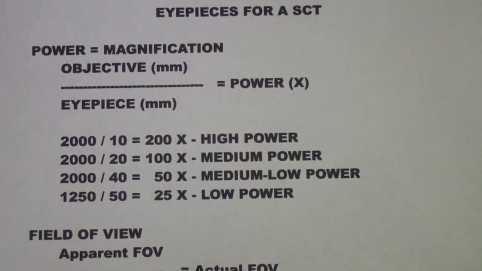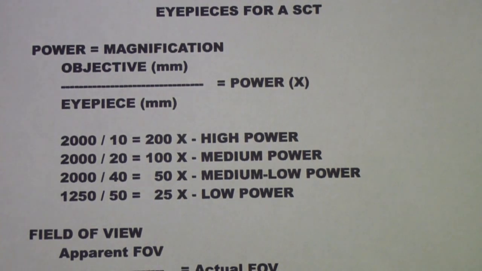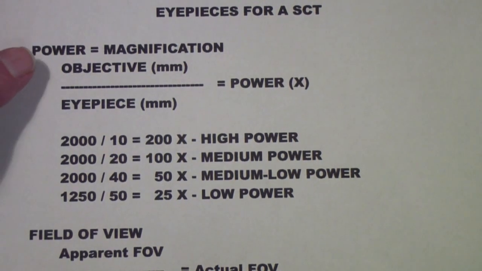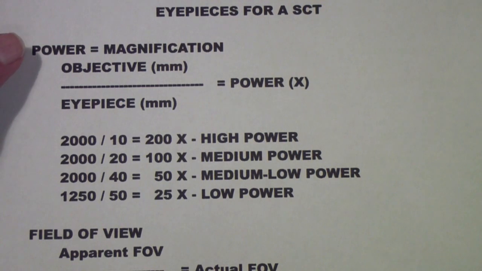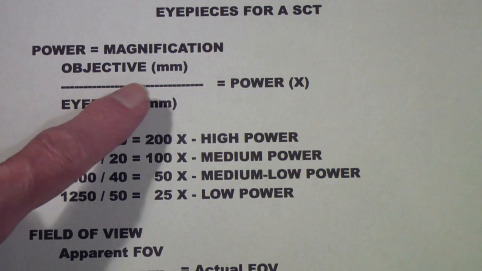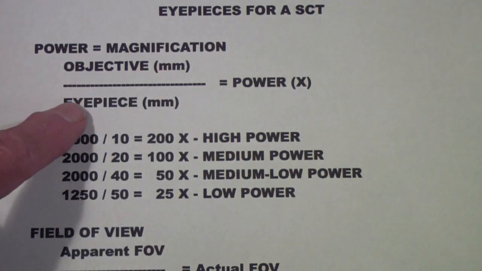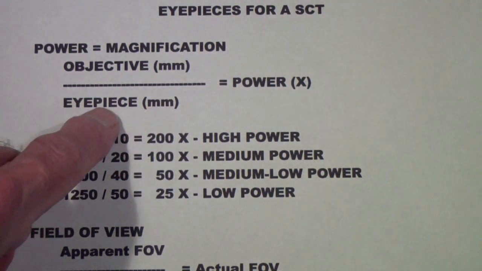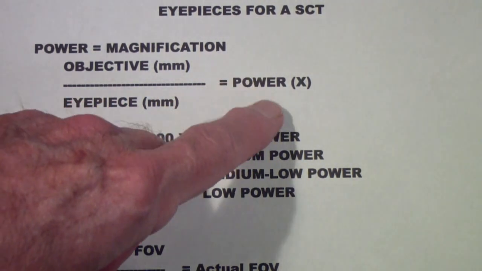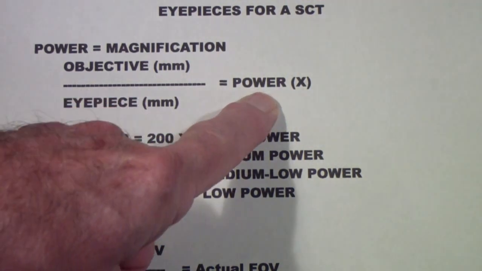Now let's talk about eyepieces for a Schmidt-Cassegrain. And I'm going to mainly focus on the planets and the deep sky, mostly deep sky. First, let's be sure we understand that power and magnification are just two words for the same thing. If you take the size of the objective lens in millimeters and divide by the size of the eyepiece in millimeters, you get the power or the magnification.